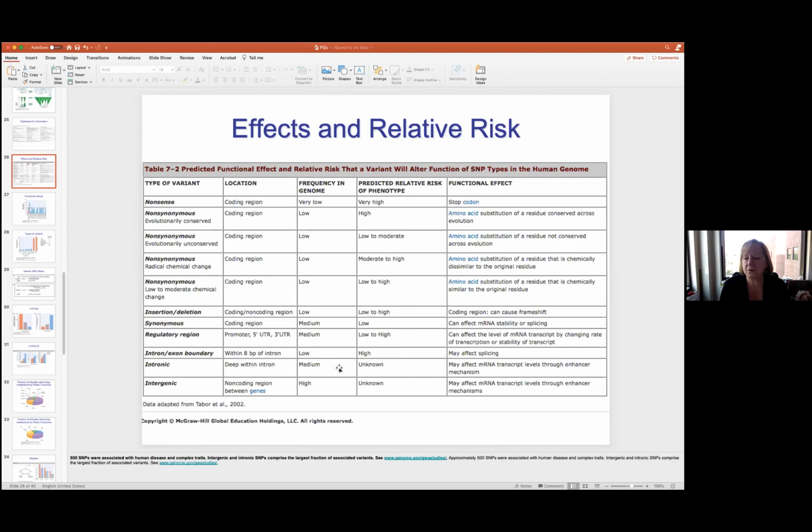If this affects an important enhancer, which can be many, many bases away, thousands of bases away from the start site of your coding region, it could really disrupt the transcription of that gene and therefore affect how much of that protein is being made. So the nice thing about this table is that it brings together all of the different types of changes that we've talked about and what the potential functional effects are. So you've got it all in one place.